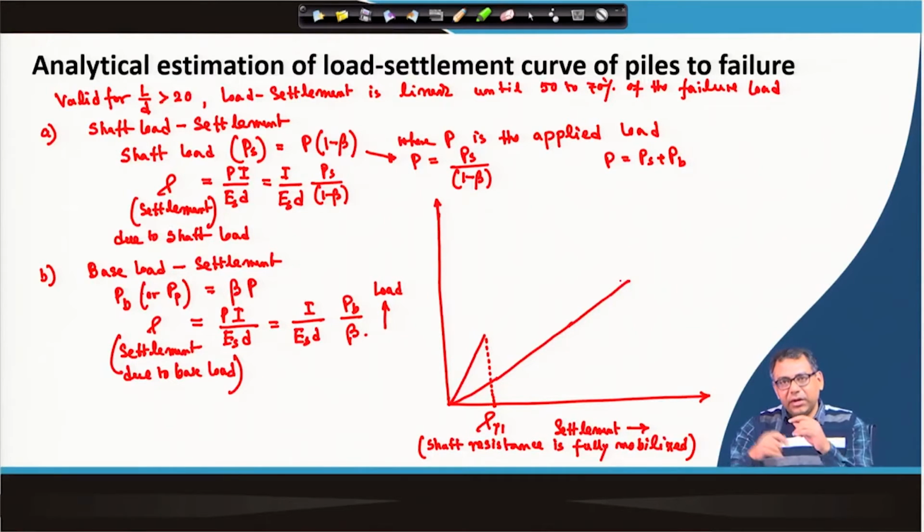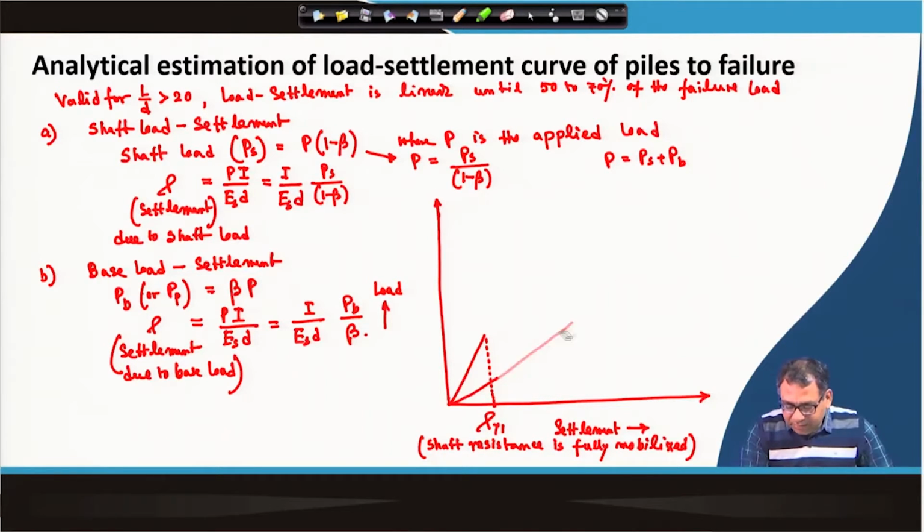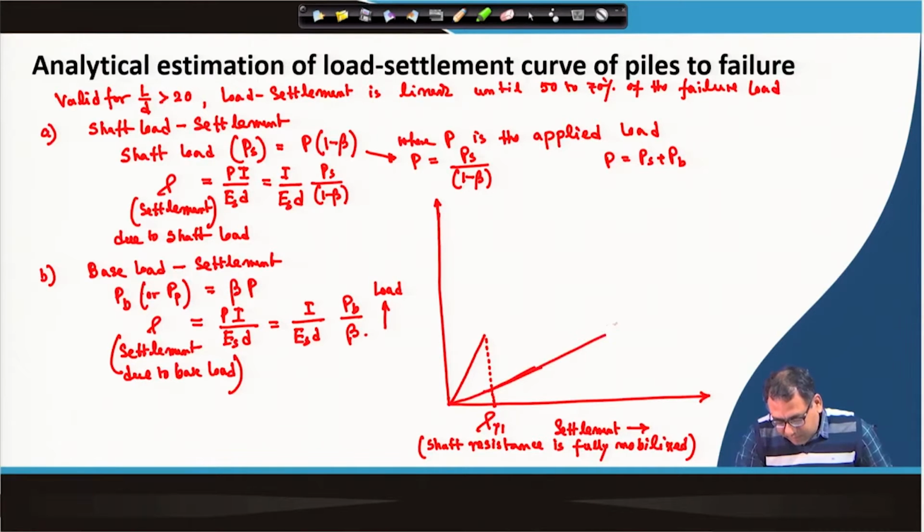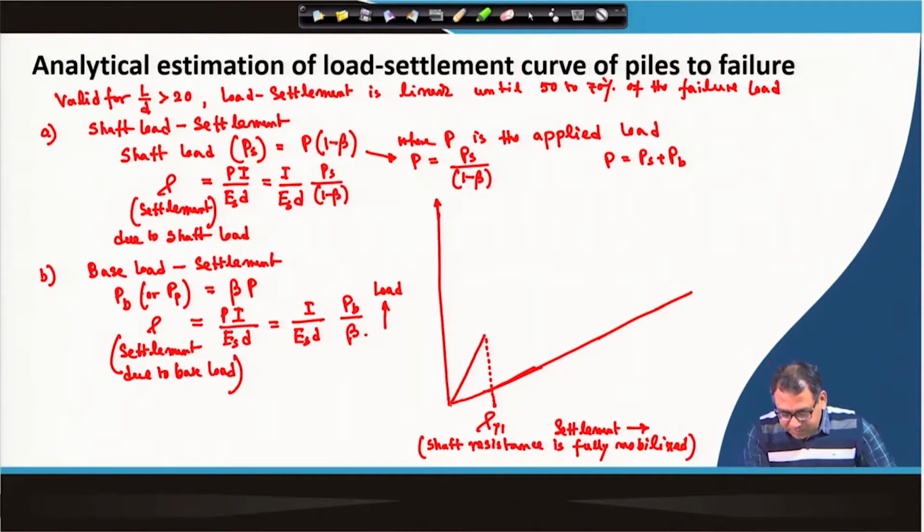So, depending upon whether it is a bearing pile or a friction pile, this curve magnitude will change, but here the tip resistance portion is more compared to the friction resistance. So, that means, when the friction resistance is fully mobilized, at that point your tip resistance value is very small. Okay.